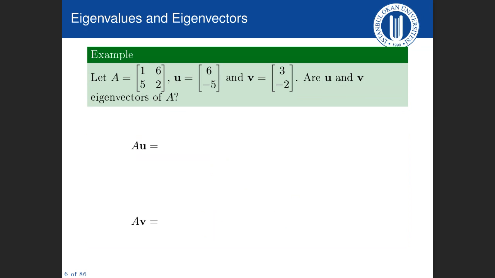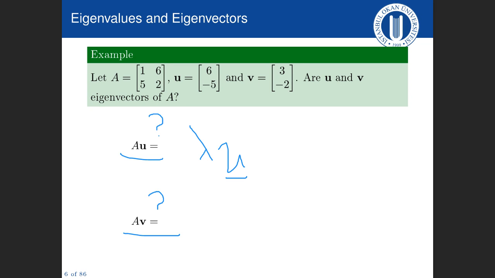We will use whichever formula makes sense to us in each particular instance. So, for example, let A be the matrix [1, 6; 5, 2]. Let u be the vector (6, -5), and let v be the vector (3, -2). Are u and v eigenvectors of A? To answer this question, we're going to calculate Au, and does this give us a number multiplied by u? And we're going to calculate Av.